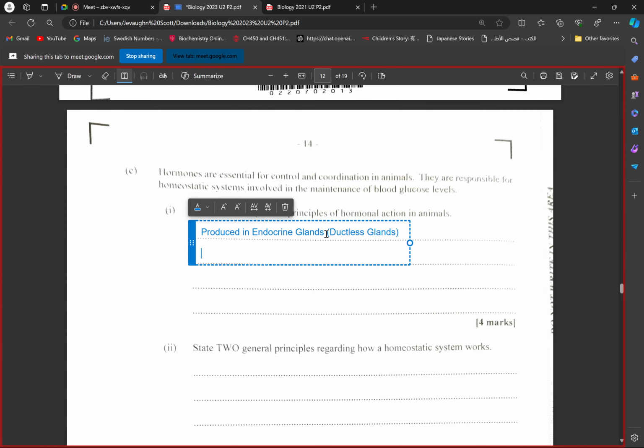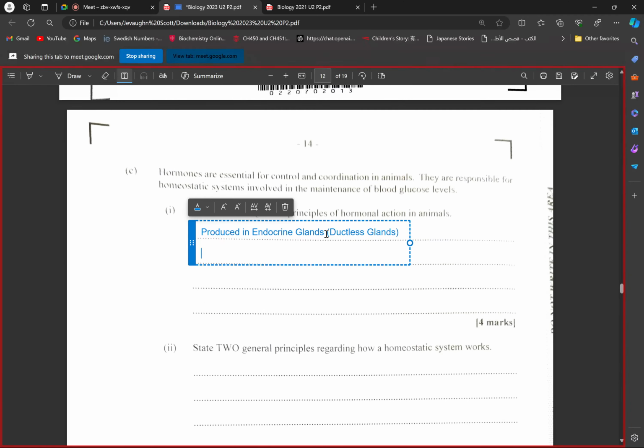Anything else? Any other principle? Okay, we're starting there. What else do we look at? So, 4 things. Nobody else?